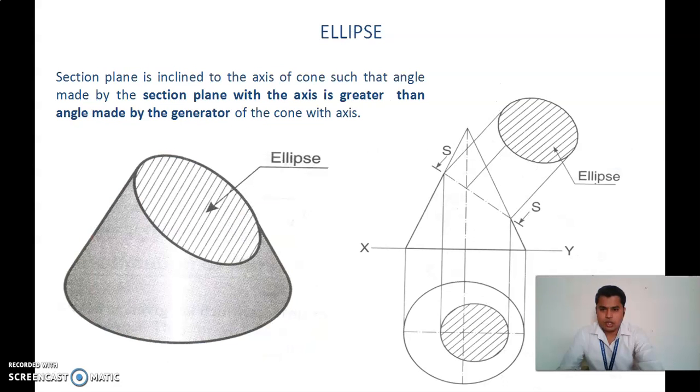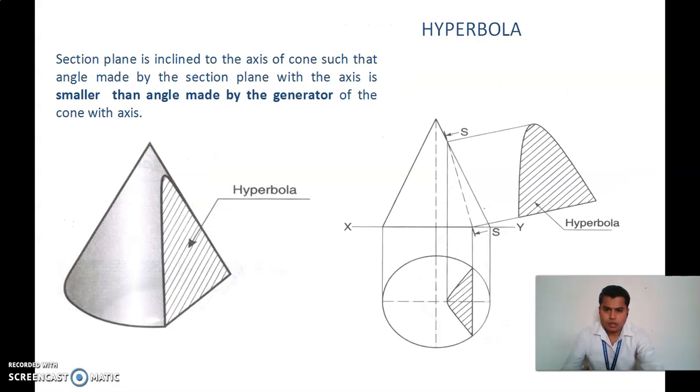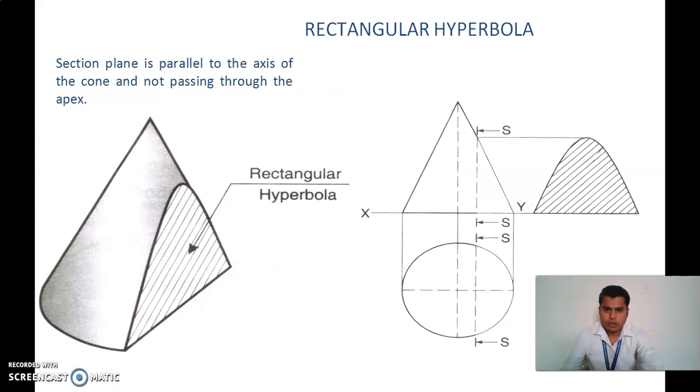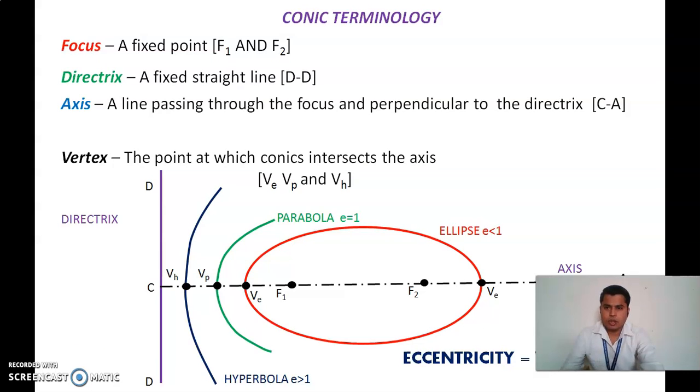So this is the circle, then the ellipse. You need to focus on the position of the cutting plane with respect to the axis and with respect to the generator. Then the parabola, then the hyperbola, again the rectangular hyperbola, then the triangle. And this terminology includes focus, directrix, axis, vertex and eccentricity.